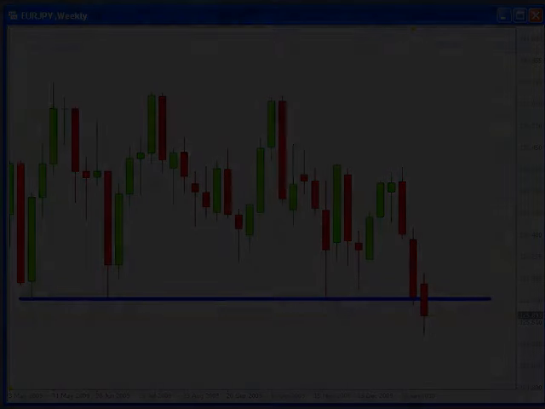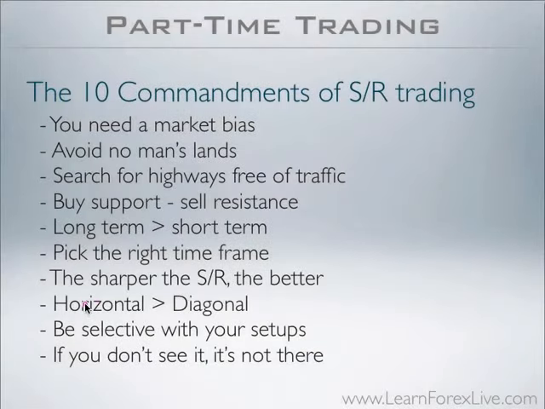Okay, next point up, and now we are nearing the end of this presentation. Horizontal levels of support, and this may come as a shock for some of you, are more significant than diagonal levels of support and resistance. What does that mean?